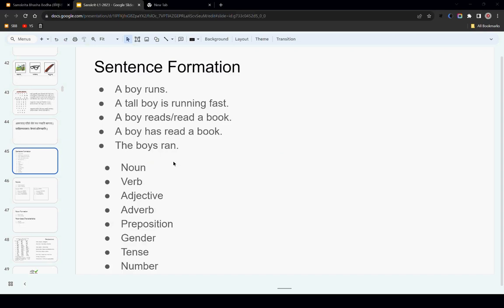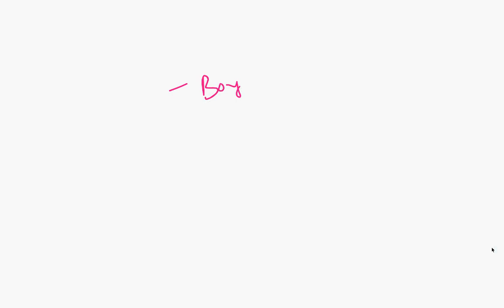Now, there could be more description regarding the Kriya in a sentence. Right? Let's take an example here. Boy reads. So this is a sentence. Here what is the Kriyapadam?